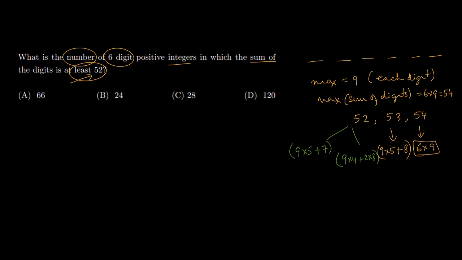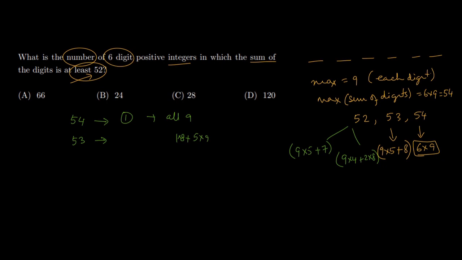Now let us look at how many such combinations will exist. So for 54 there is one combination which is all 9. So this is one combination. For 53 there would be 1 8 plus 5 9s.